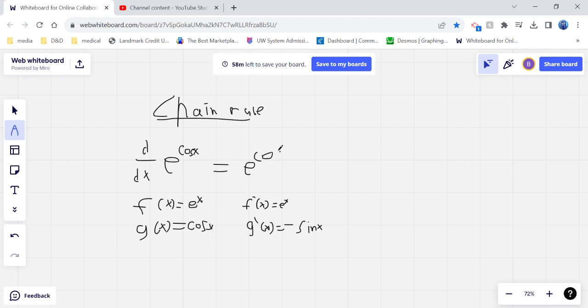So with e to the x, we're left with that original function, but we still need to multiply by the derivative of the inner function, and that's negative sine x. So this ends up equaling negative sine x times e to the power of cosine x.